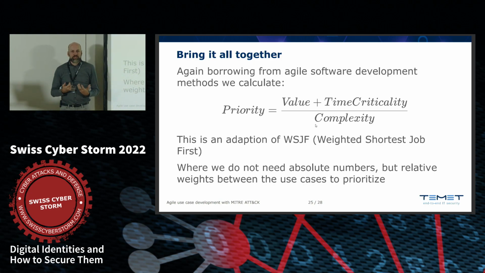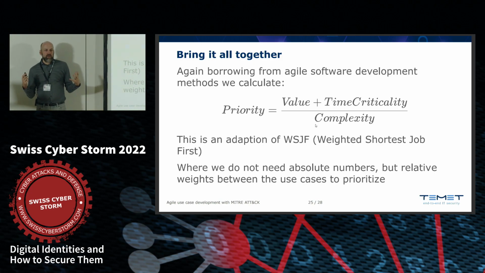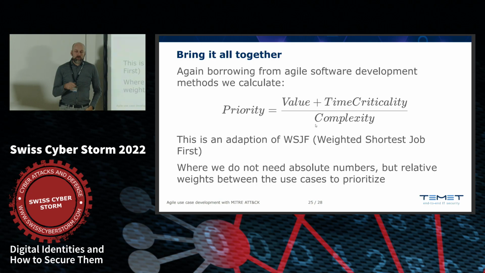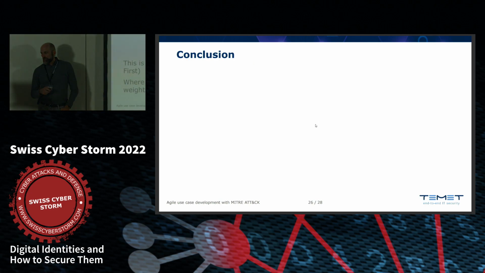And that's usually an exercise you should do with your security analysts together. And then you get this rating. And the same you do for value. You have all this information I showed you before, and you use this information to get a relative rating, and then you come up with a priority which helps you to implement use cases early and fast, and you improve your detection capabilities as often as it should be.